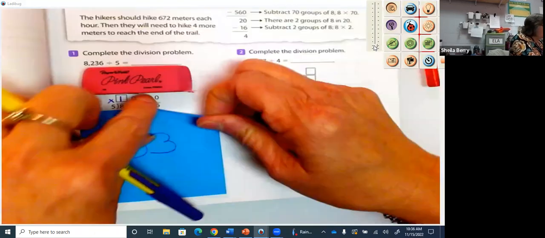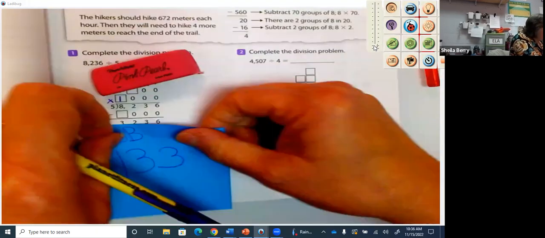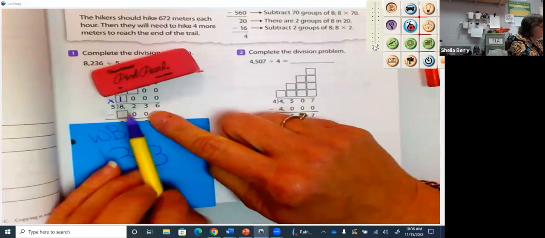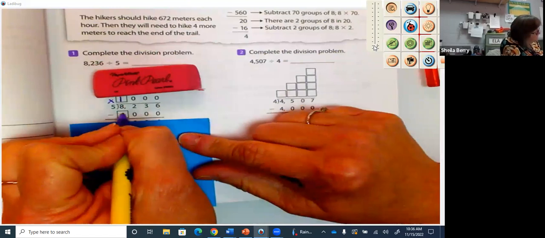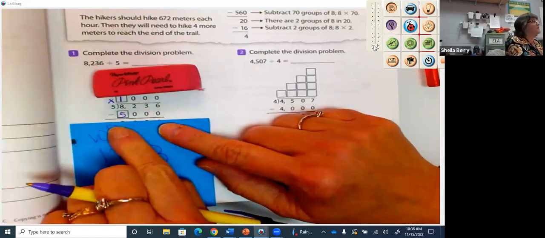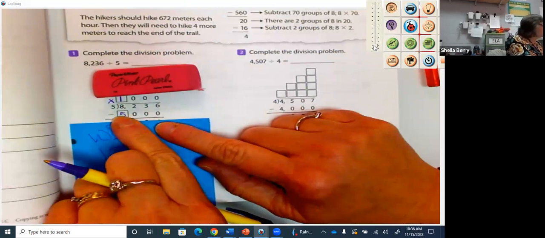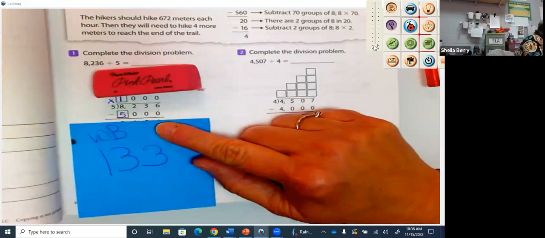So I'm gonna carefully come down here. So 1,000 times 5 is what? 5,000. I'm gonna put the 5 in there because 1,000 times 5 is 5,000.